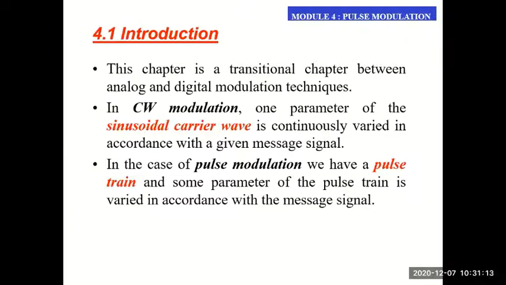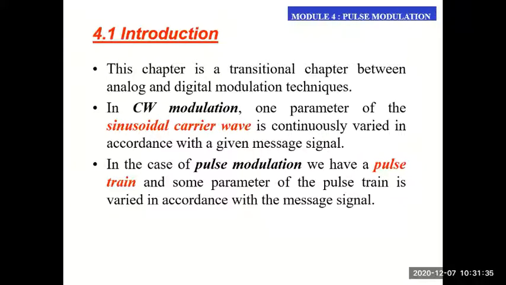We studied in detail all those techniques. We also studied the effect of noise on all these techniques. Now, we can move on to the transition from analog to digital. Why it should happen and why we need digital modulation, let's see.